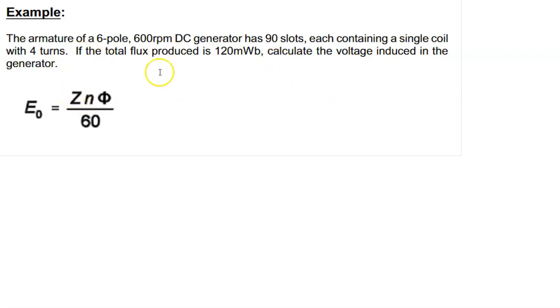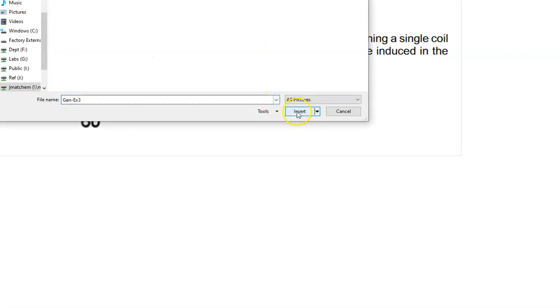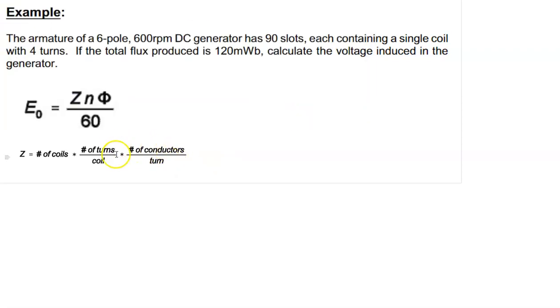N is simply the speed in revolutions per minute. Phi is the flux per pole. Now we're given the total flux, so we have to figure out flux per pole. And of course 60 is a constant of proportionality. And so we start off then by thinking about the armature.